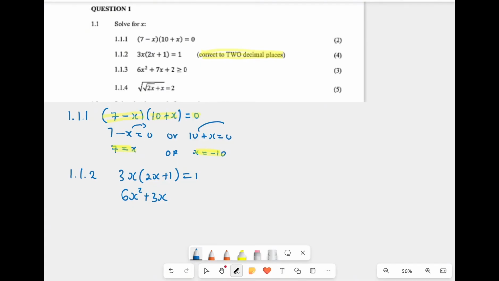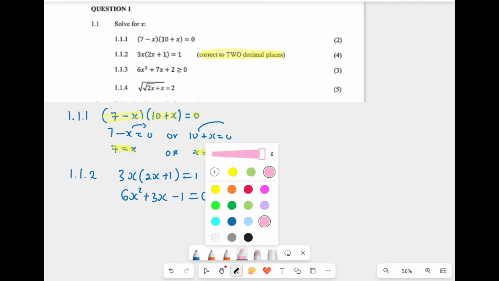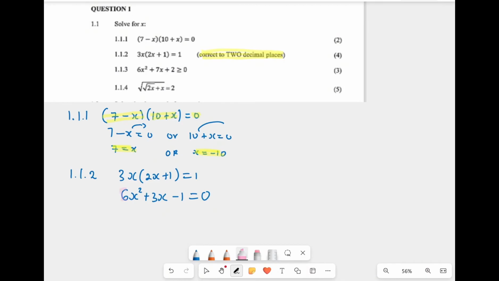If we transpose 1, it will be negative 1. This is equal to 0. And then from here, we can see our value of a, b, and c. So our a is positive 6, our b is positive 3, and then our c is negative 1.